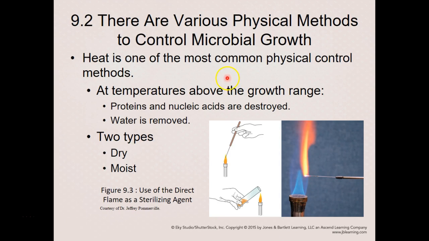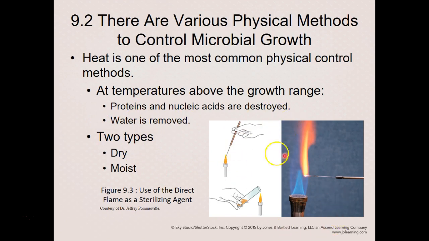So one of the first mechanisms, and probably the most common mechanism of controlling microbial growth, is temperature. We use heat, and there are two basic types of heat, dry and moist. If we increase the temperature very high above the growth range they normally can grow in, then proteins are going to be denatured, nucleic acids start to break down, and dehydration occurs.